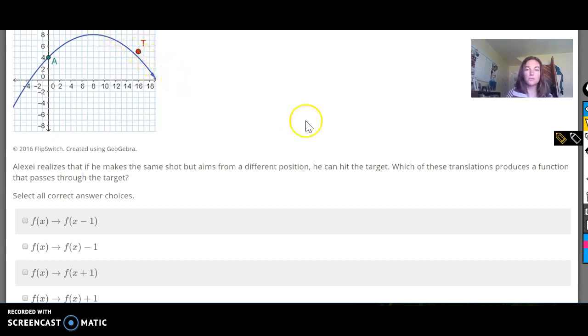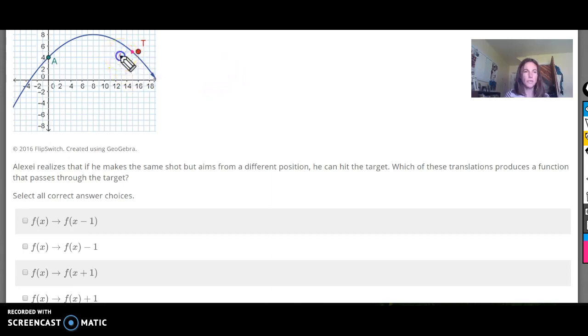If you look right here, you can see that our graph goes through the point 15 and 5, and we want 16 and 5.